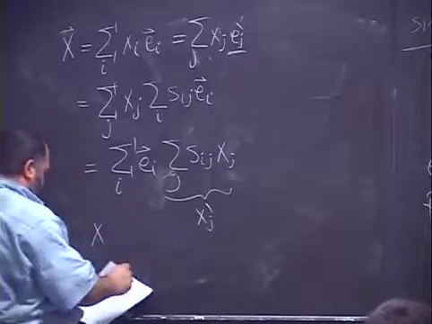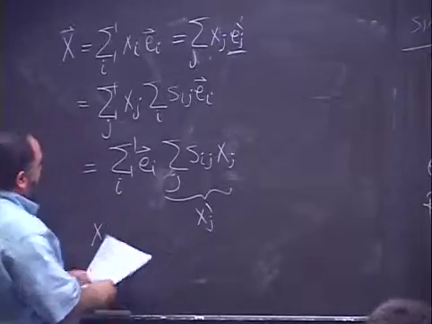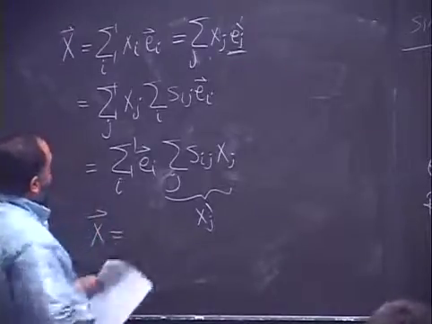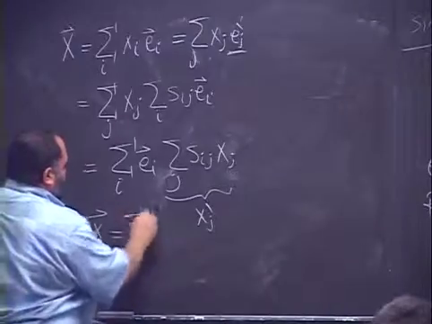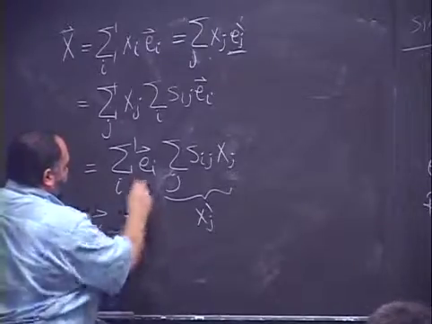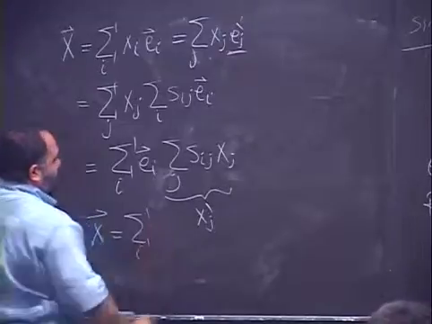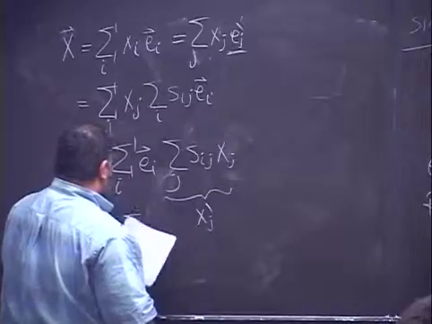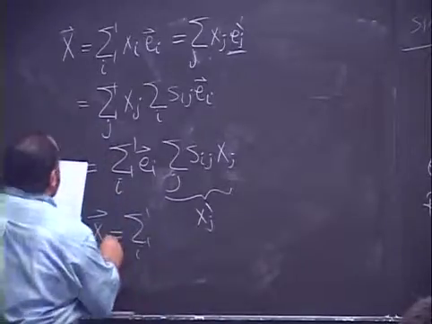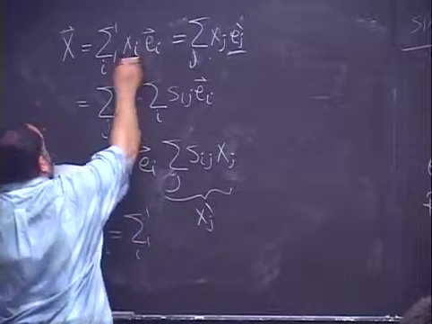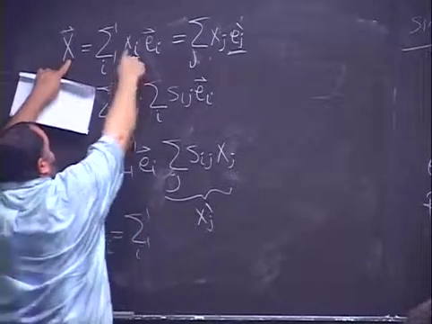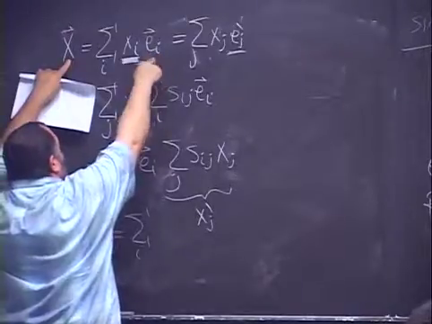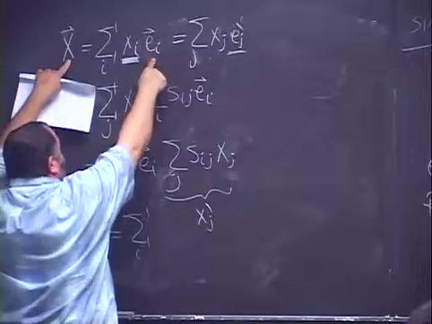What does it mean? The vector X is equal to, now, a summation from i, and this is equal to what? It means that the components here, look at this, X equals Xi multiplied by the basis Ei in the unprimed domain.